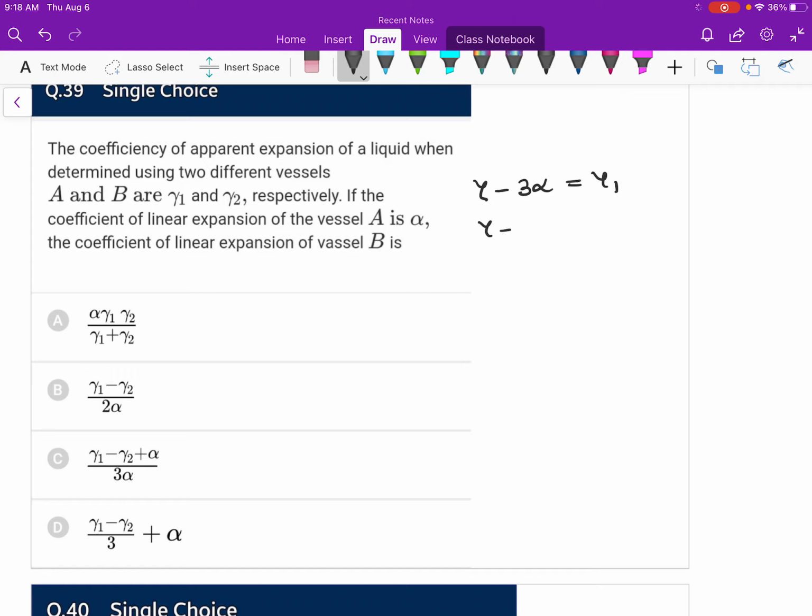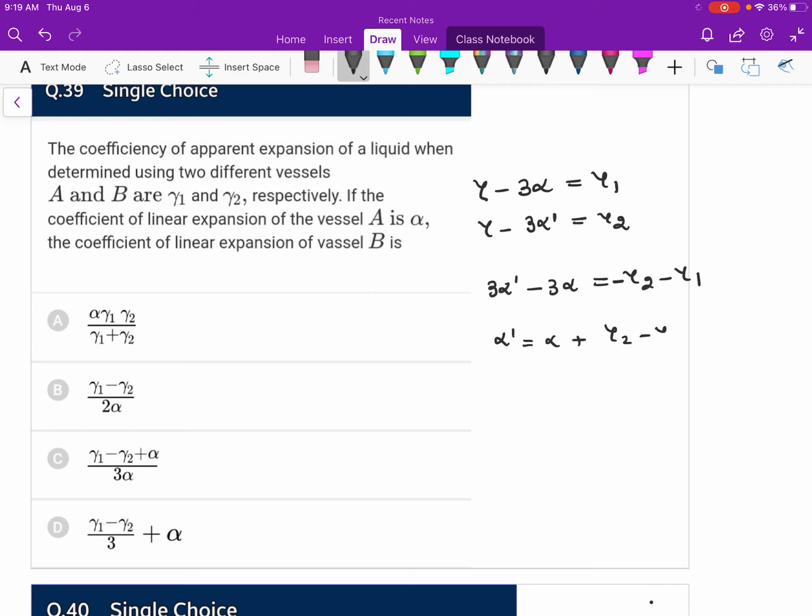Similarly, expansion coefficient of fluid minus expansion coefficient of container B, which is 3 alpha dash, is equal to gamma 2. Now subtract these two. So 3 alpha dash minus 3 alpha is gamma 2 minus gamma 1. So alpha dash is alpha plus gamma 2 minus gamma 1 by 3.